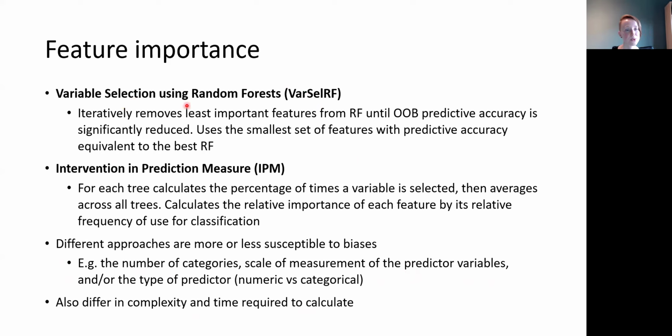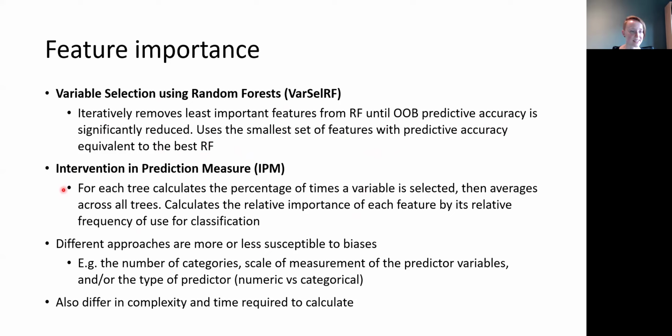There's also variable selection using random forests. This removes the least important features from a random forest until the predictive accuracy of your out-of-bag measures is significantly reduced, and then uses the smallest set of features that have a predictive accuracy that's equivalent to the best random forest using all of the predictors.